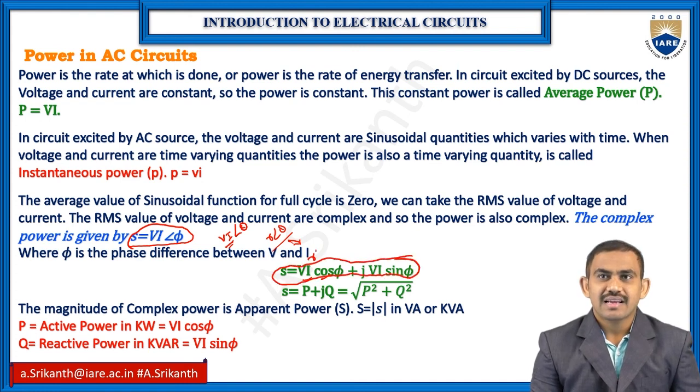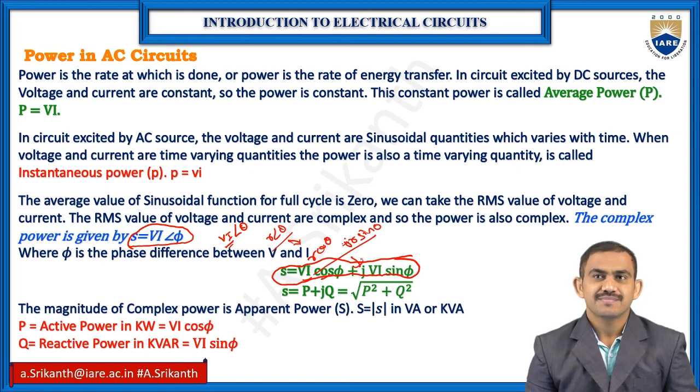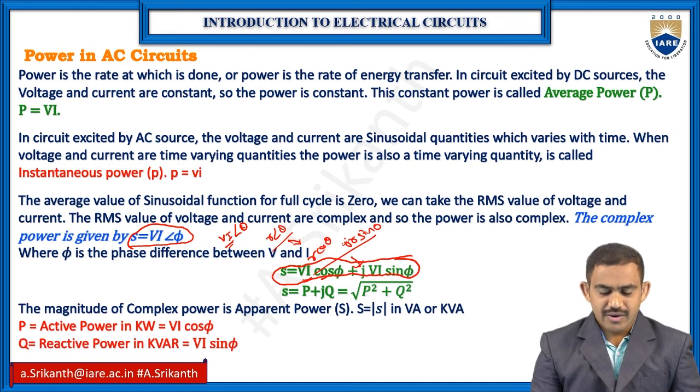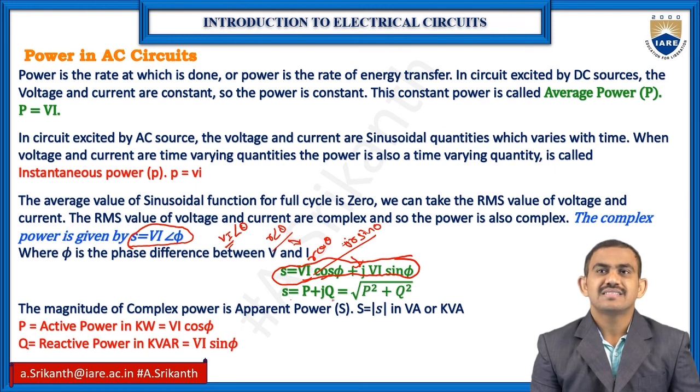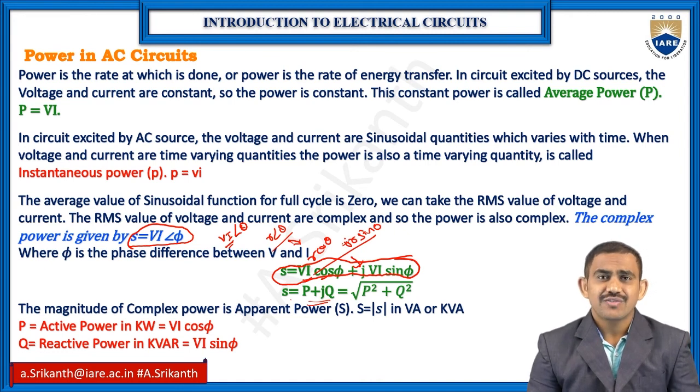Same as R cos theta plus jR sin theta. So you get P plus jQ, where P is the real value, the active power, and Q is the reactive power.